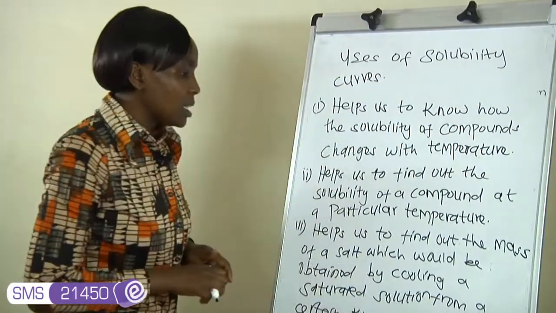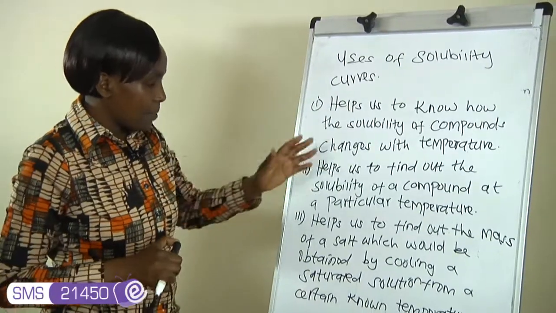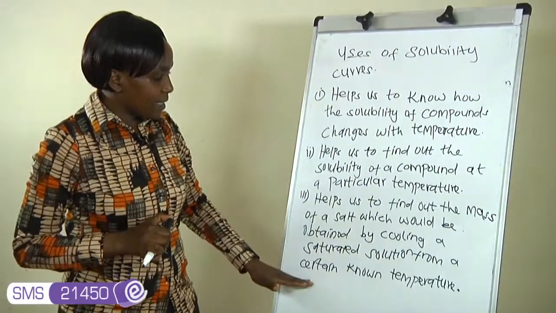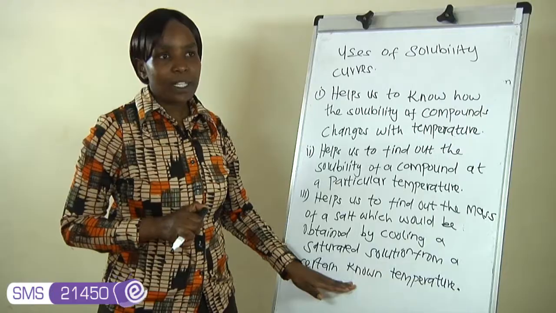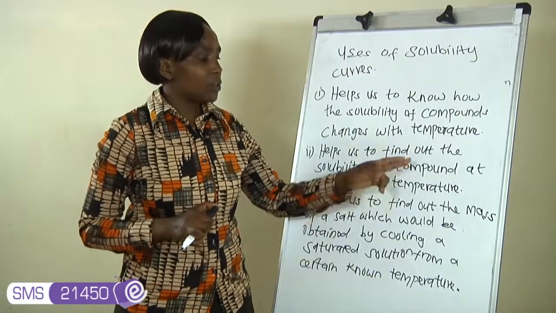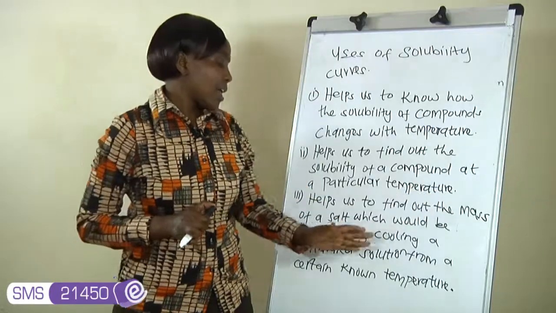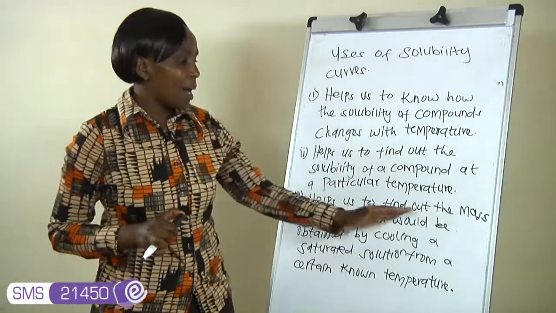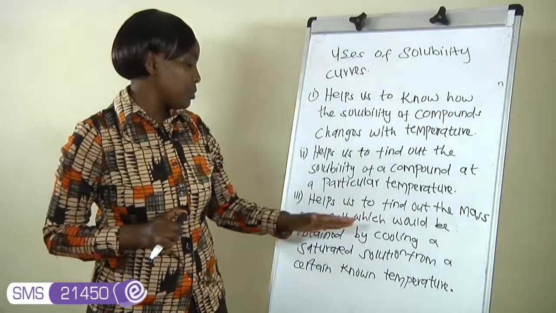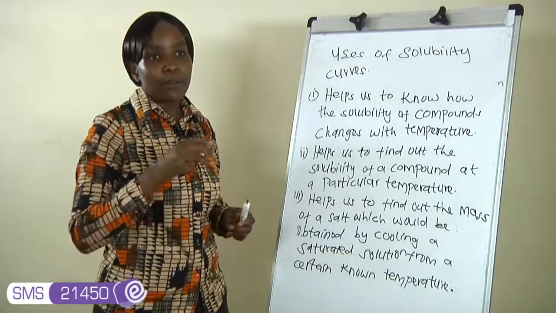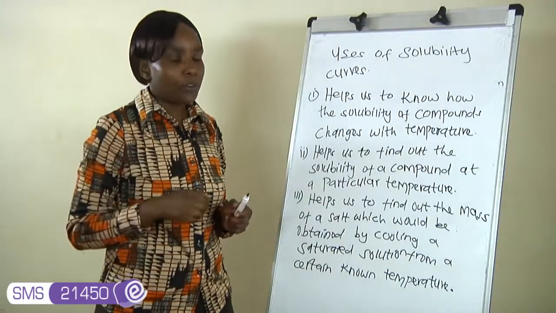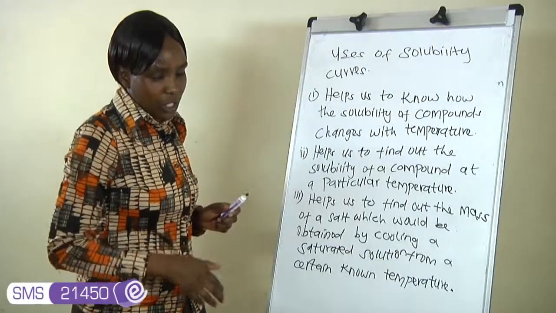We will be able to see this because we will have the mass of a certain compound at different temperatures. Maybe at 40 the solubility is this, and at 60 the solubility is this. From that, we can work out the mass of a salt which would be obtained by cooling from 60 degrees to 40 degrees. We will see the change in mass.